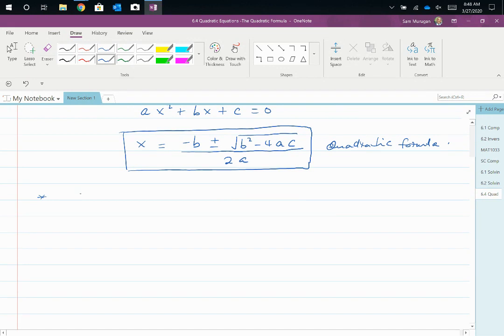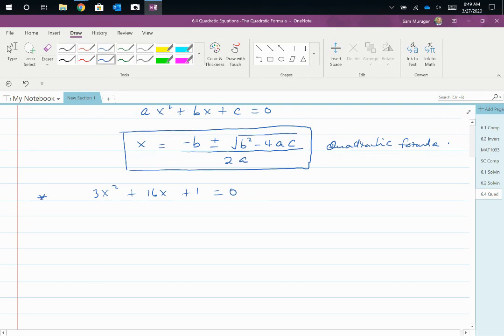And the quadratic formula, by the way, can be used to solve any quadratic equation, whether it can be factored or cannot be factored, you can still use the quadratic formula to solve it. 3x squared plus 16x plus 1 equal to 0.